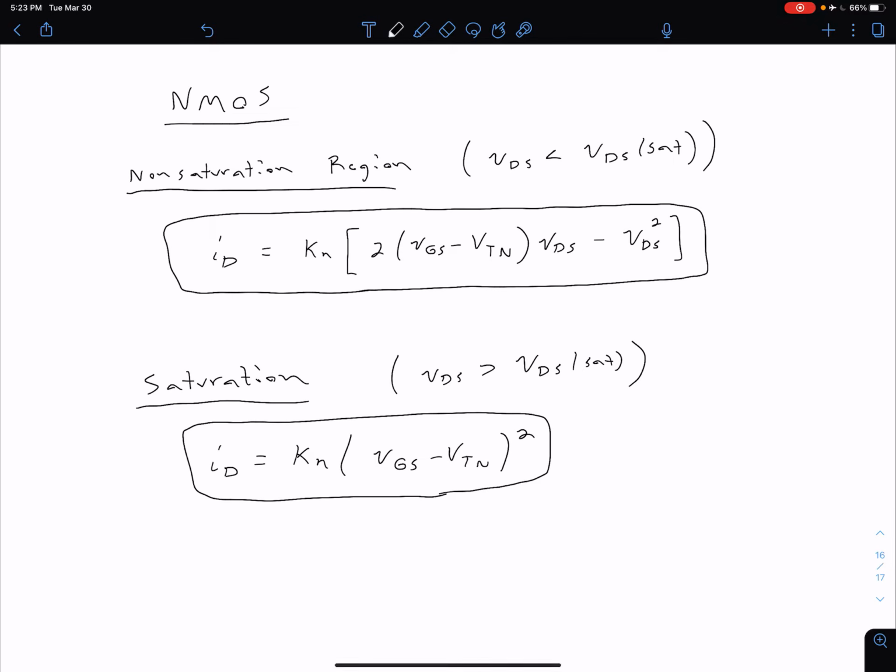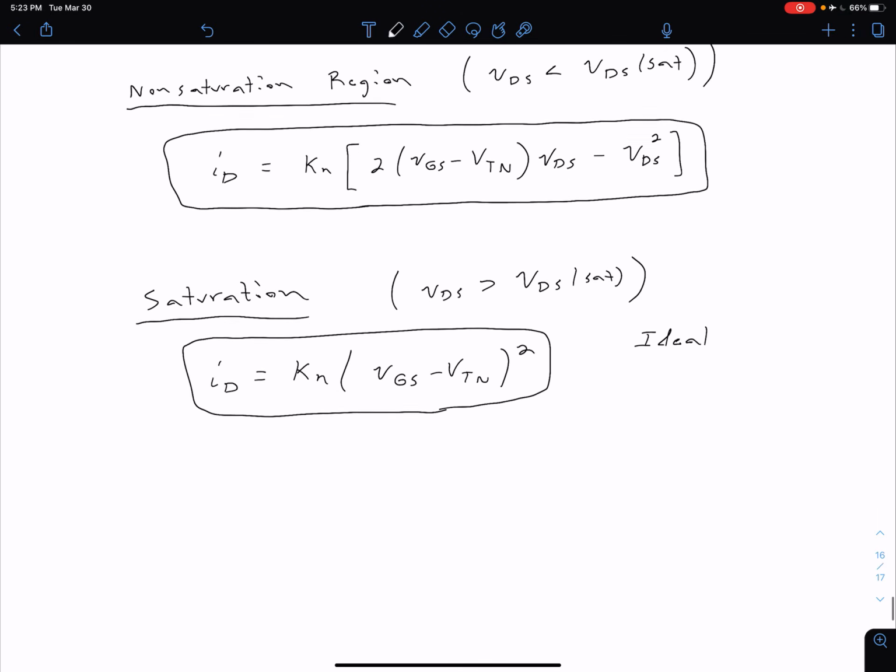Again, this is the ideal case. We're going to come back and modify this a little bit later, because we're going to see there is some dependence on the VDS value even in the saturation region. It's a similar idea to the early effect with our BJT transistors.